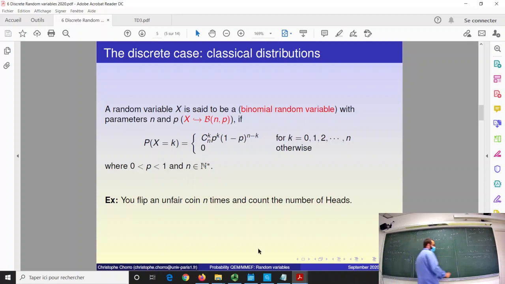So at the end, what is the distribution of the whole sum? You have the sum of n1 plus n2 independent Bernoulli of parameter p. From this result, you have a binomial of parameter n1 plus n2, p.